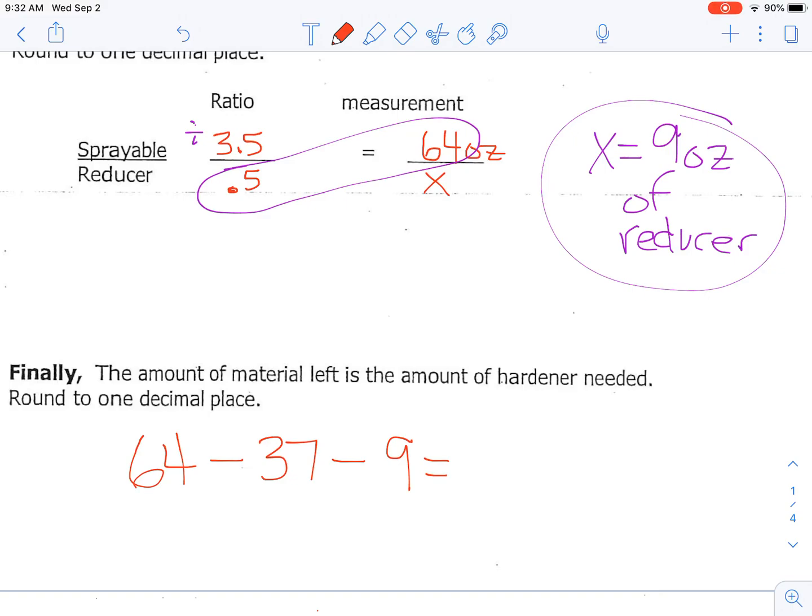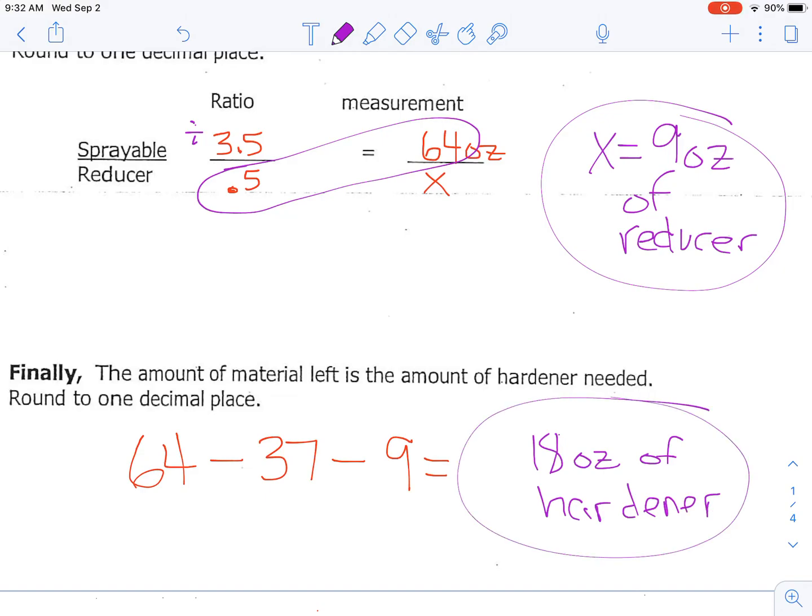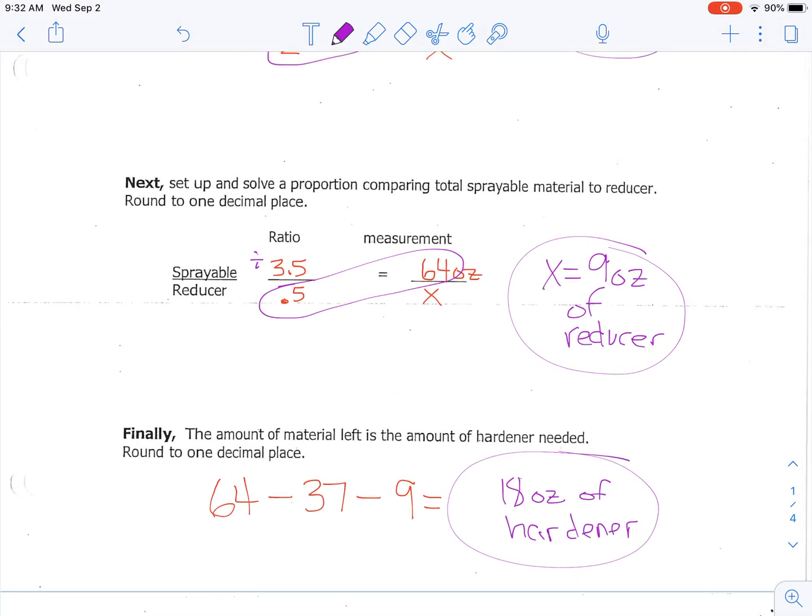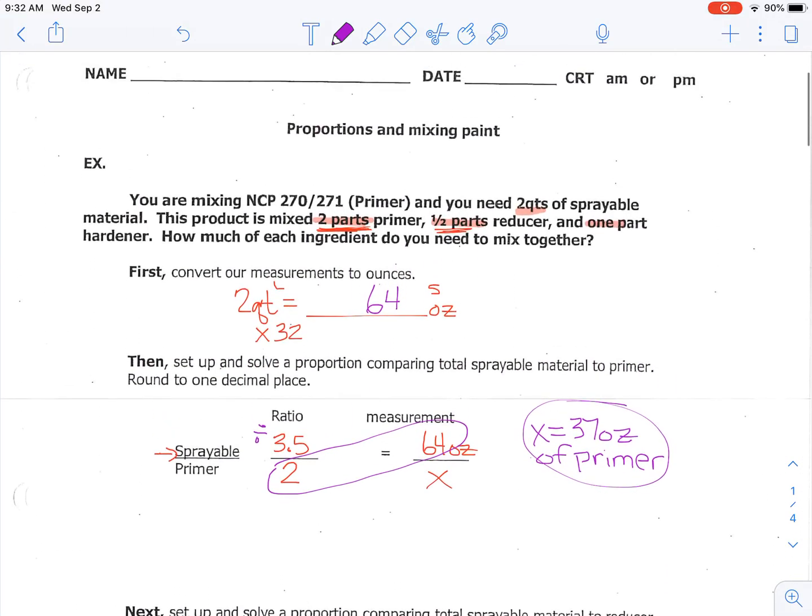So we take 64 and we subtract off those things, and we get 18 ounces of hardener. And if we add all those together, it gets us back to 64 total ounces.